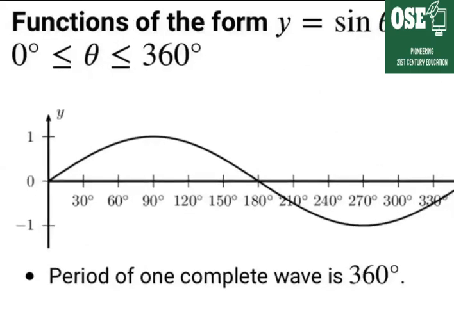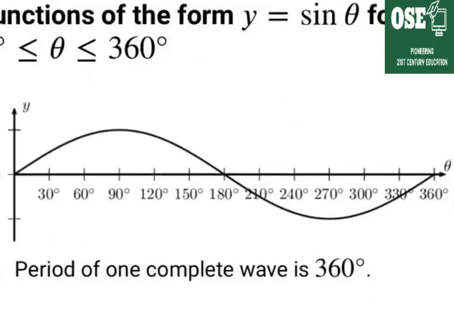Okay. So now that we're done with algebraic functions, we're going to be doing trigonometric functions. This one only has 3 graphs: the sine, the cos, and the tan graph. Today we're going to be doing the sine graph.